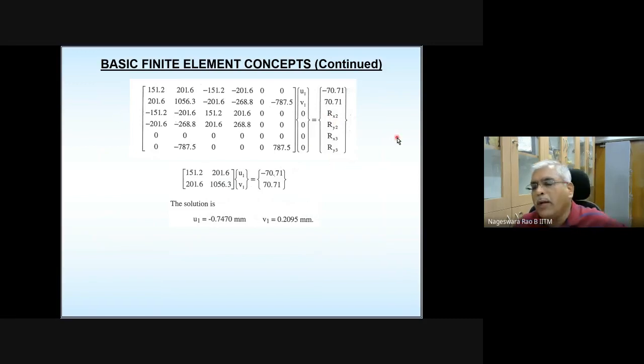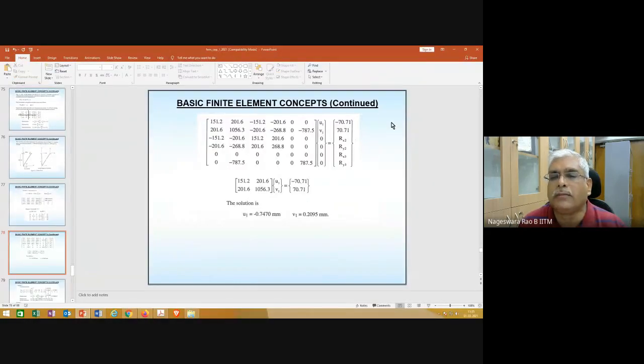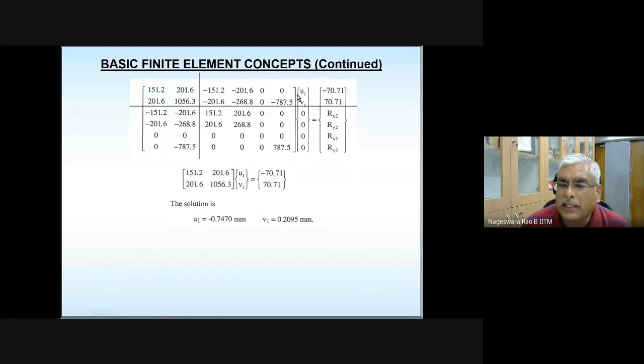So now you got the global equation system. You need to do partitioning of it. How do you do partitioning of this equation system? You need to partition in this manner. Do partitioning of equations and solve for the unknowns.